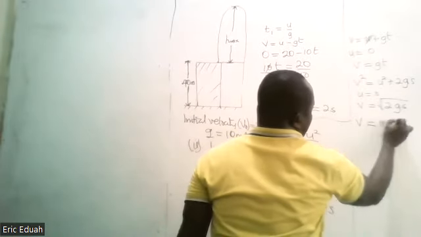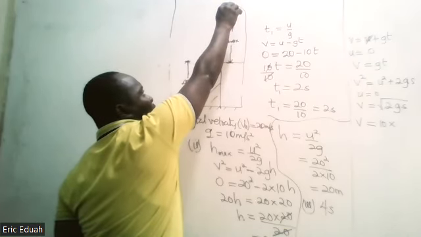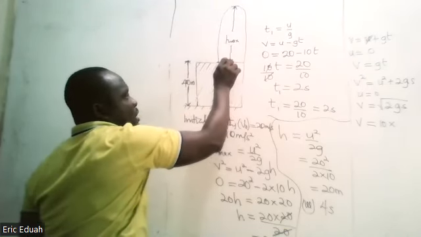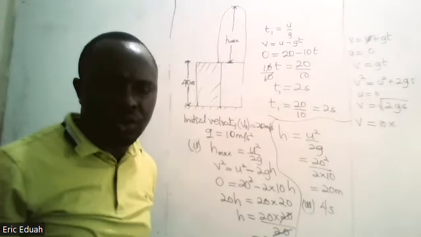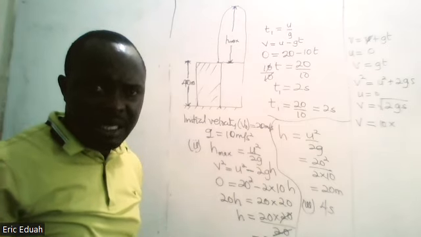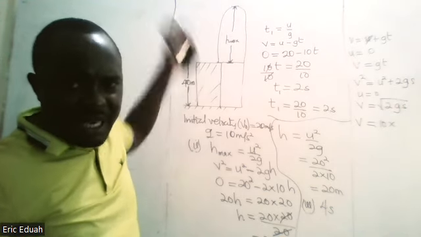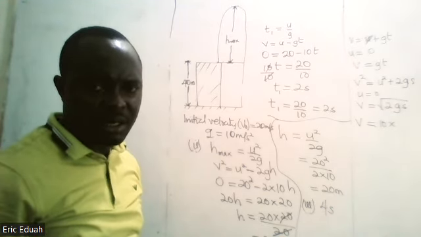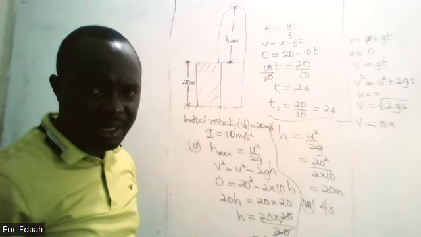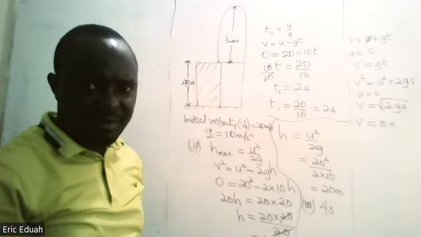G is 10. What is the time taken for the body to move from the maximum height to the point where it is initially thrown? Class, what's the time taken for the body to move down to the point where it is initially thrown? 2 seconds.